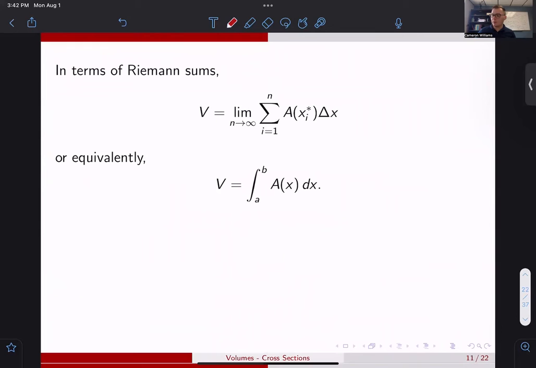But unlike with Riemann sums, where before we had our function values, our y values, now it's areas. But that's really the only real difference. So volume is the integral of area, and we'll see this again when we do volumes by cylindrical shells as well.